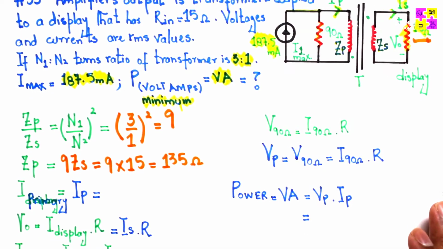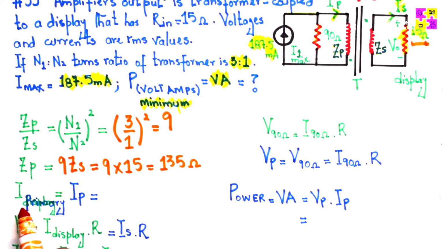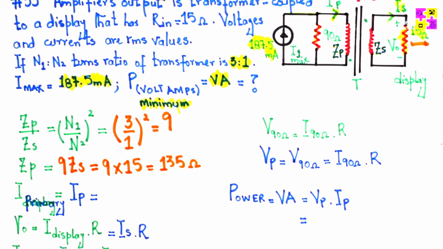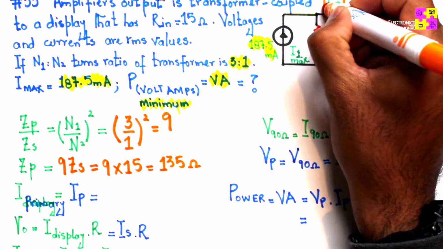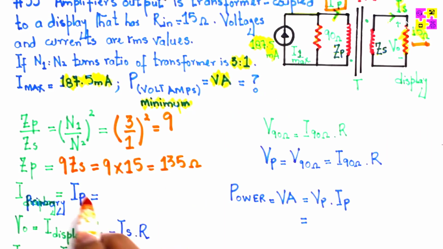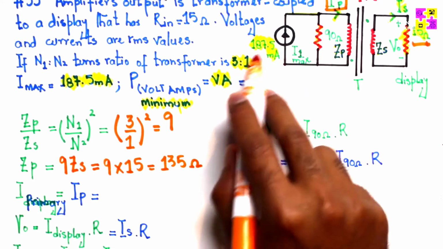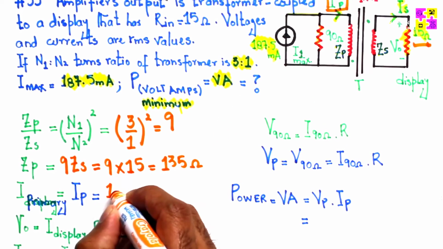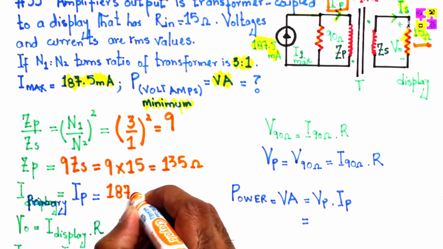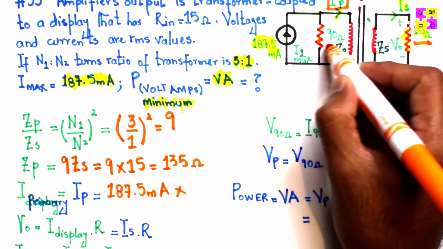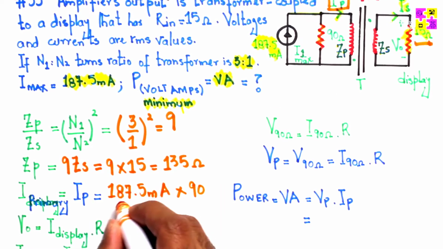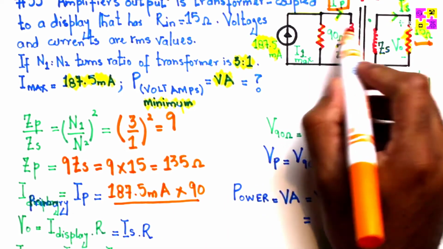Now that I have the primary impedance, I can find out the primary current, right? How am I going to do that? Well, I can simply apply a current divider. Remember, IP is over here, and the current divider equation says the primary current equals the maximum current, which is 187.5 milliamps, times 90 ohm, divided by the sum of the two resistances.